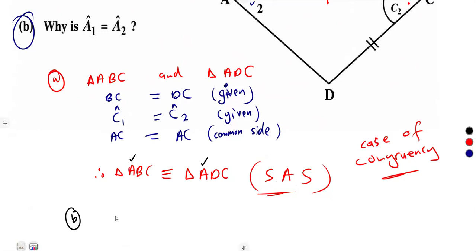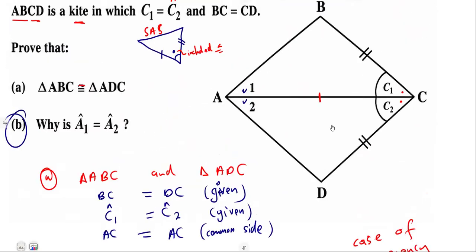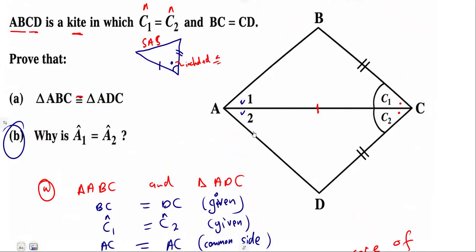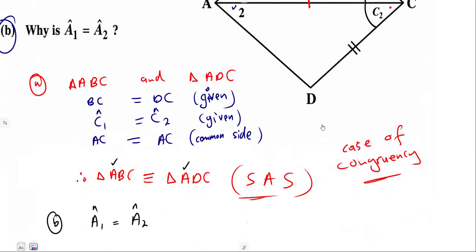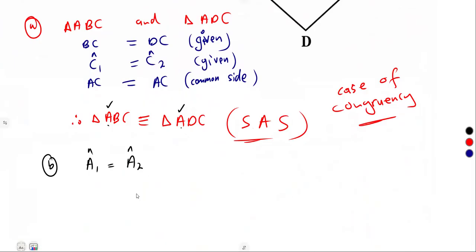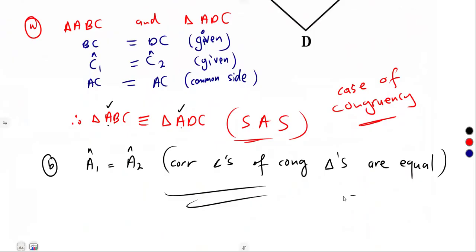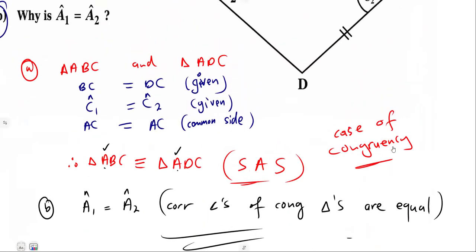So angle A1 is equal to angle A2, A1 from triangle ABC and A2 from triangle ADC. They are equal because corresponding angles of congruent triangles are equal. That is the condition that you can put into consideration to answer this type of question.